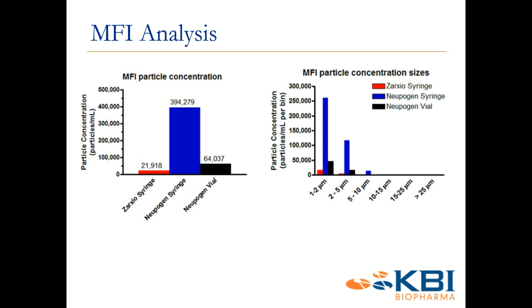We had a vial sample in there for comparison as well, but mostly here we're comparing head-to-head the syringe samples. And what we also observe is that the majority of this offset is in the very small particle size range, below 10 micron, where the majority of particles reside for Neupogen and Zarcio as well.